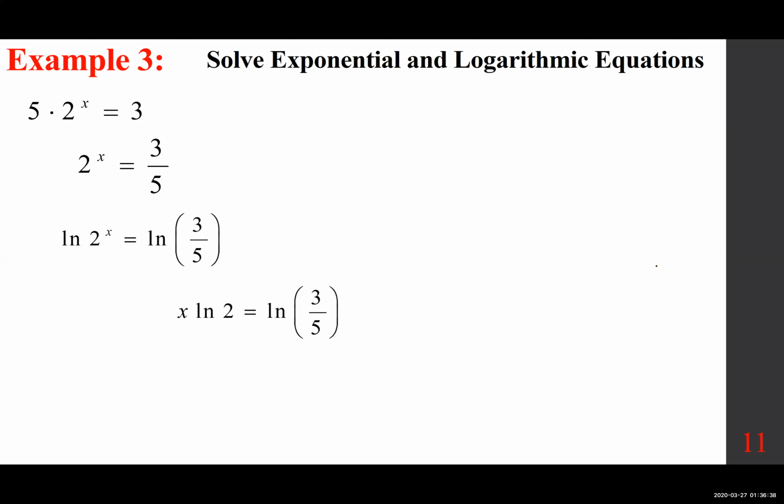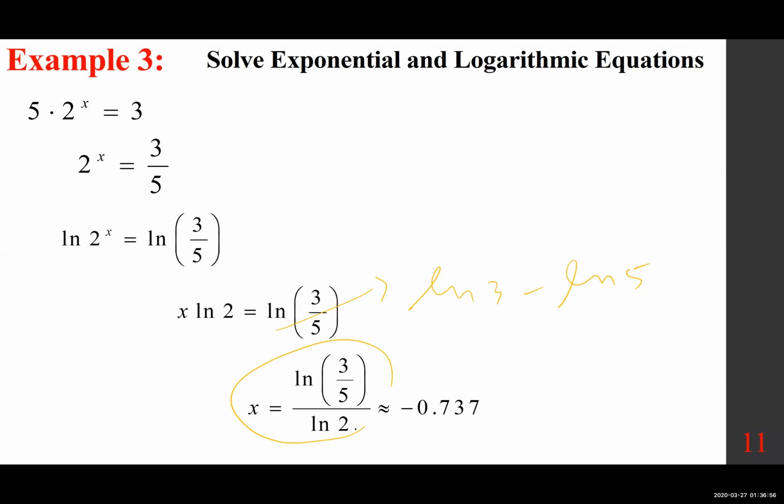Now the right side, you really have two choices. You can leave it as ln of 3 over 5, or you can change it to ln 3 minus ln 5. It is your choice, class. So what is x equal to? I want you to know this is the precise, exact answer.